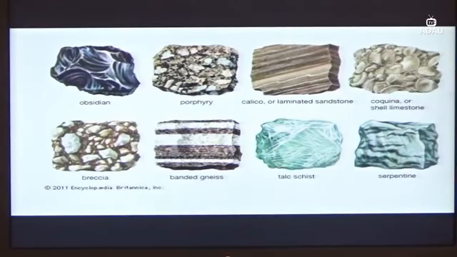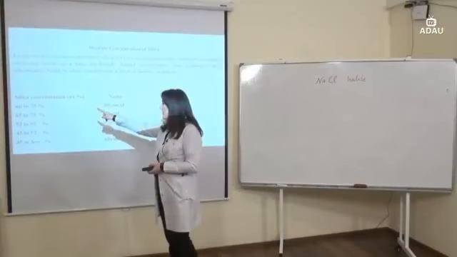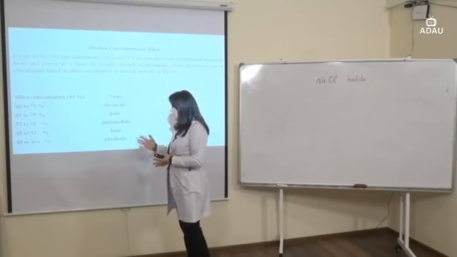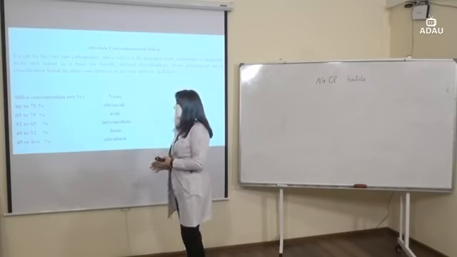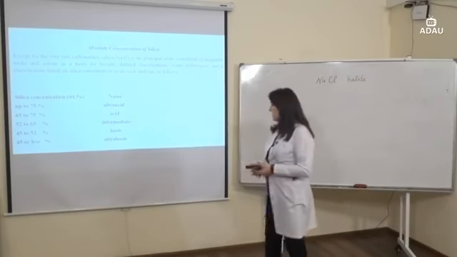These are also rock samples. In igneous rocks there are many silicate minerals. And with silica concentration, igneous rocks divide into groups. For example, if the igneous rock has a silica concentration of more than 75%, we call these ultra-acid igneous rocks. If it's 65 to 75%, we call it acid igneous rocks.